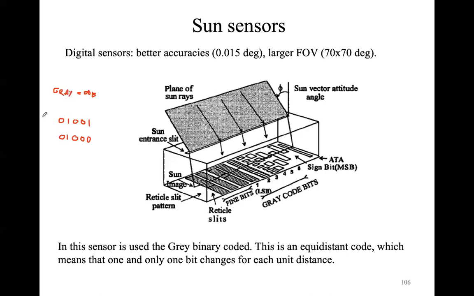It means that, for example, if you have 14 in decimal, the angle here is fixed, and your gray code bits give you this information in bits.